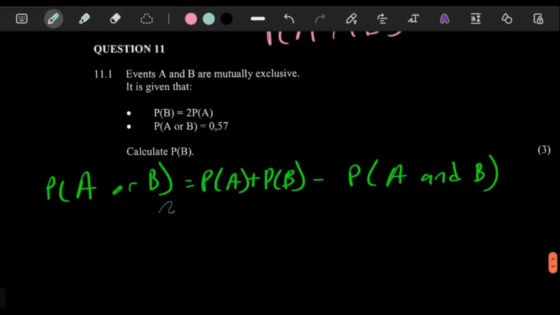This is a law of probability. So we have the probability of A or B is 0.57.